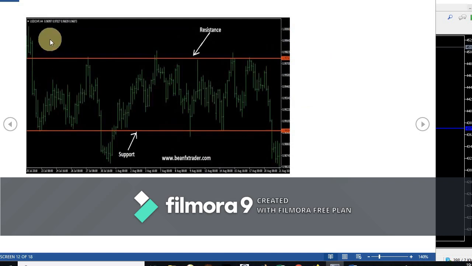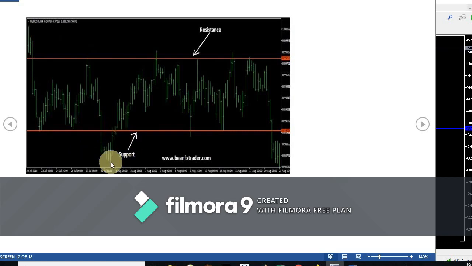Also, look at USD CHF on the 4-hour chart. You can see price tested this particular level to have a resistance. Look at the way price rose up, then formed a pin bar or a doji, then it dropped to come to this particular level where price had already tested for some time before leaving a swing here.